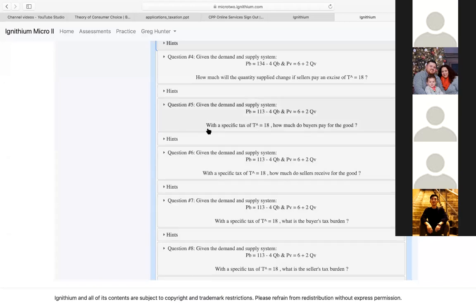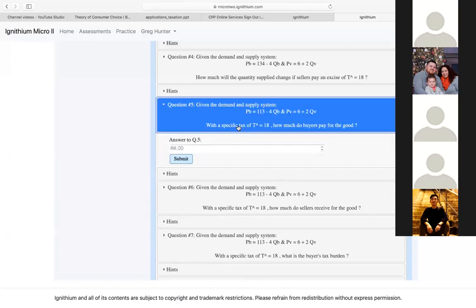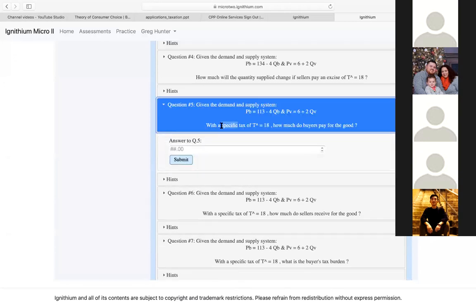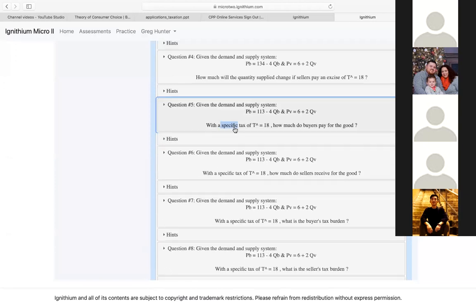So question number 5 says again, with this tax. And by the way, I will mention one thing, and this is just a language issue. Where it says specific tax, we haven't talked about the species of taxes, but the sales tax is an example, and we don't deal with sales taxes, even though they are very similar.